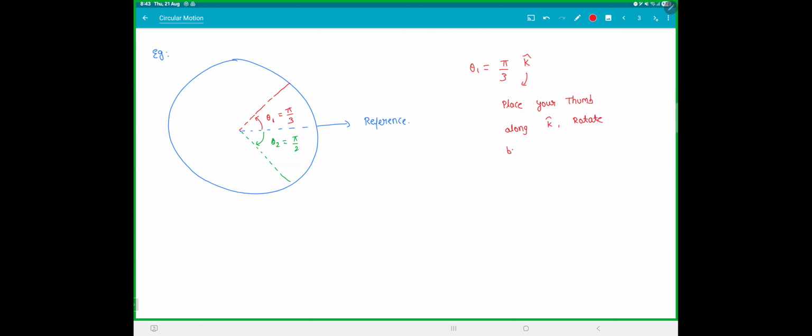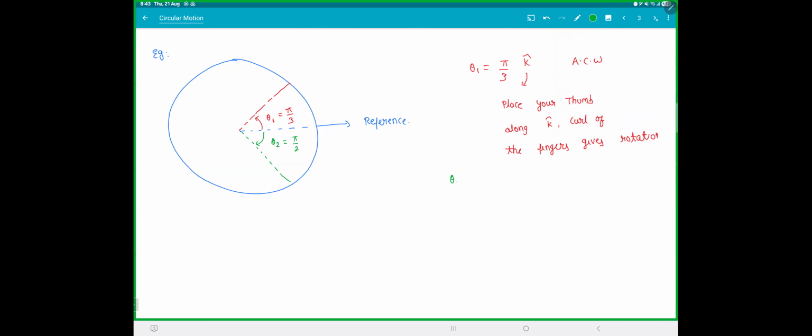The curl of the fingers, you should rotate by 60 degrees. Curl of the fingers gives rotation. So you can also write this as anti-clockwise, ACW.